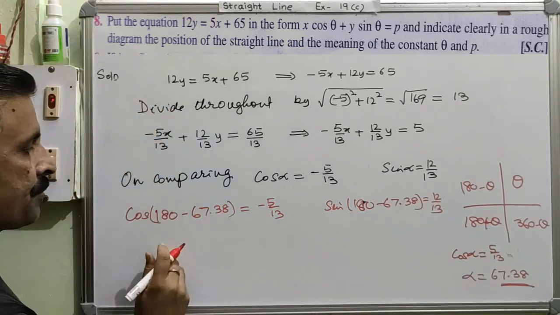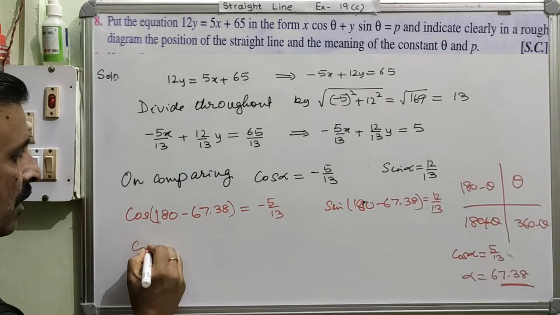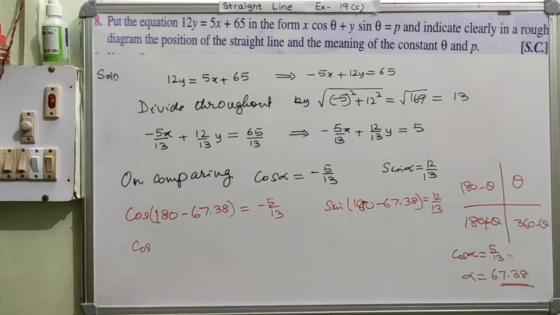And therefore, this will come as cos of 180 minus 67.38.